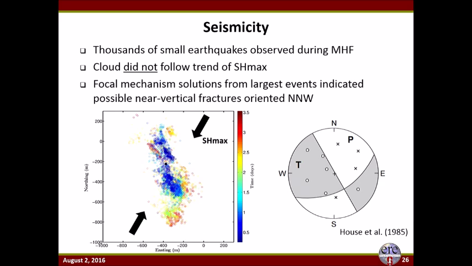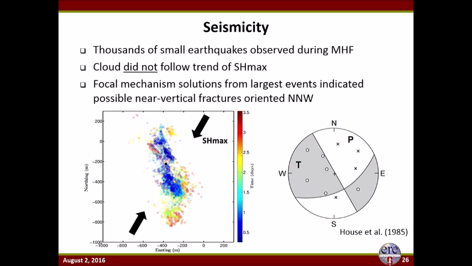The seismicity at the site was really one of the most important components of the data that drove our conceptual model. The direction of the maximum principal stress at the site was north 30 degrees east, and you can see that the overall migration of the seismic cloud really did not follow that; it followed more of a north-south pattern.